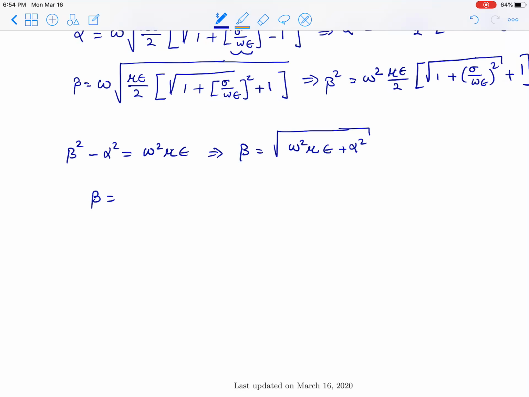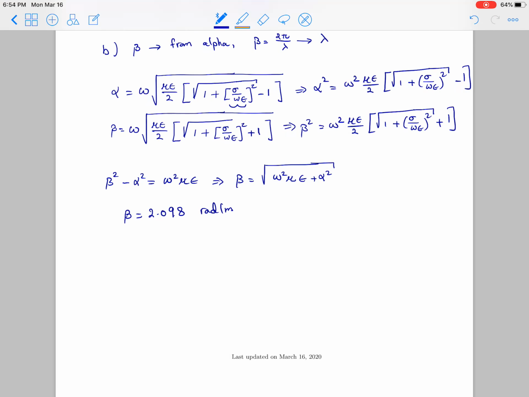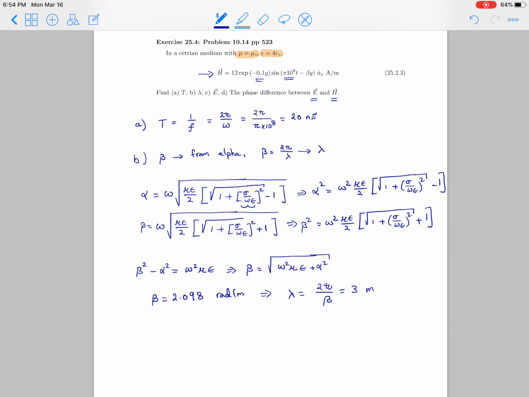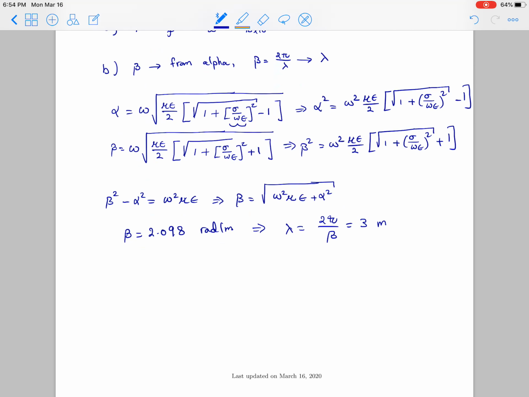I will end up with beta, therefore I can find lambda from the following formula, which is in meters. Remember, this is the wavelength inside the medium, inside the dielectric. It's not the free space wavelength.